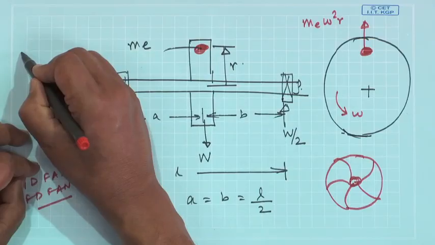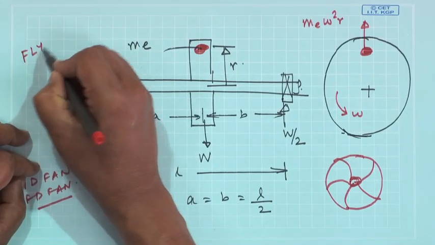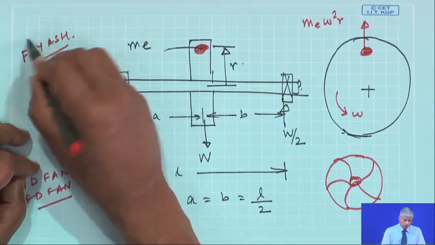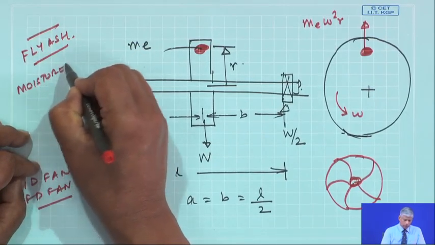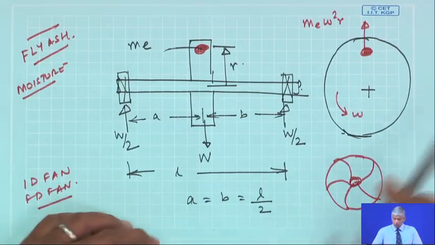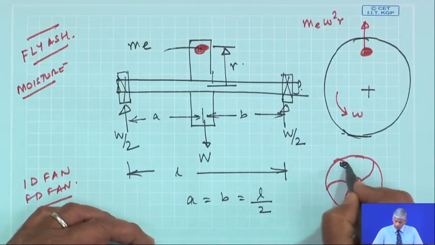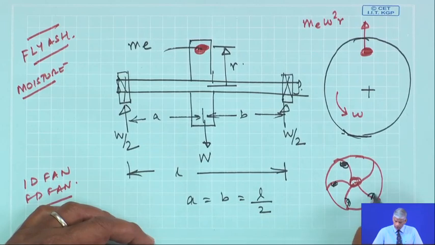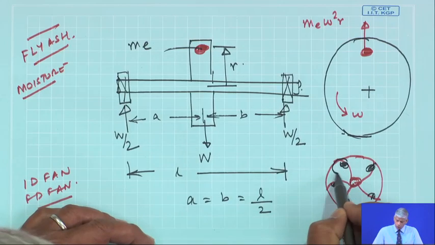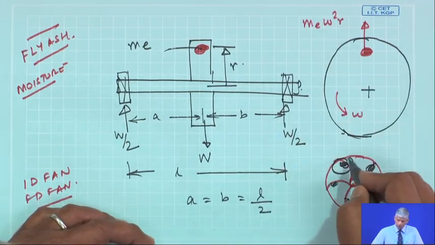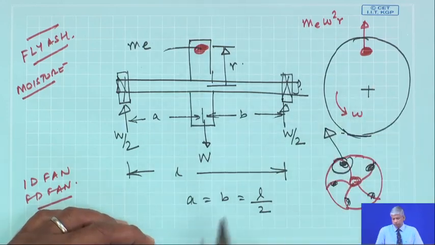Suppose it was coal combustion, there will be a lot of fly ash in this gas. So, this fly ash, because of the ambient moisture, it can so happen with time these ashes may get deposited, and the quantity is so large that it creates a substantial amount of radial force.